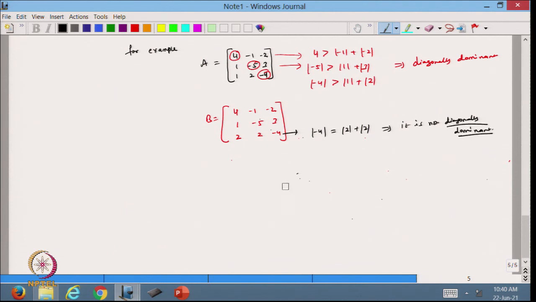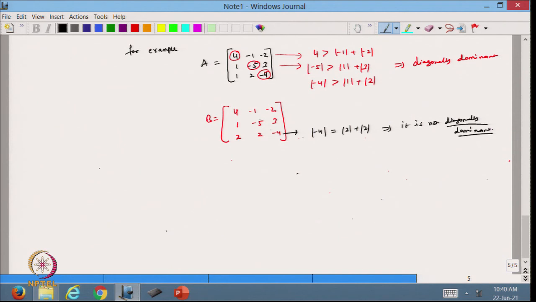So, this type of matrices play a vital role in numerical analysis, or for the convergence of some numerical methods or iterative methods.